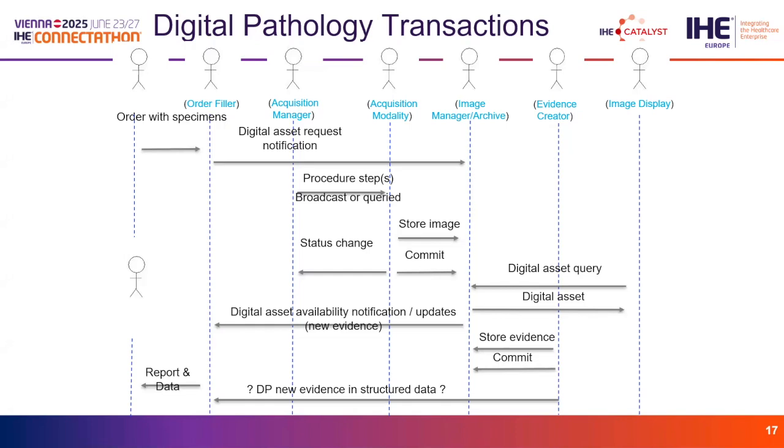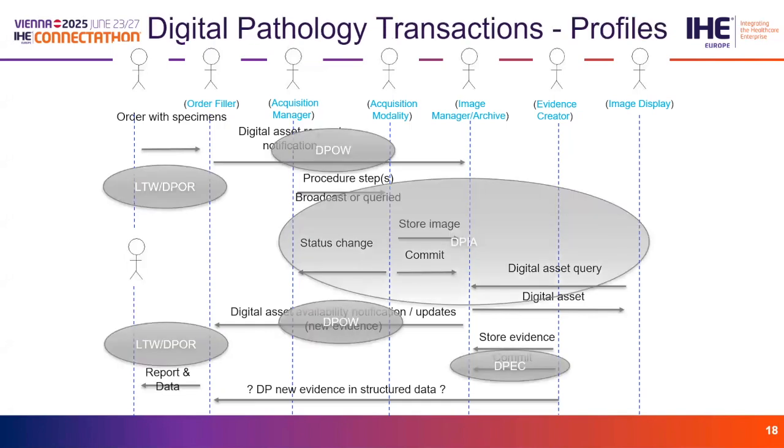And so this diagram attempts to holistically encompass all of the elements of the digital pathology workflow on a one-page display. We can click through and see how the different integration profiles support the roles and transactions of the various actors that are depicted here.